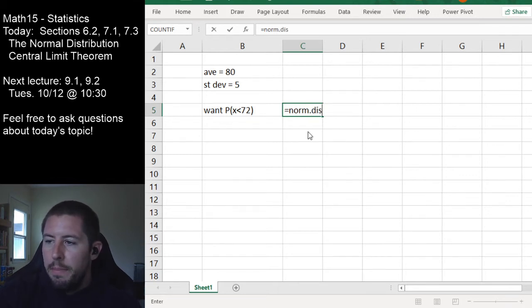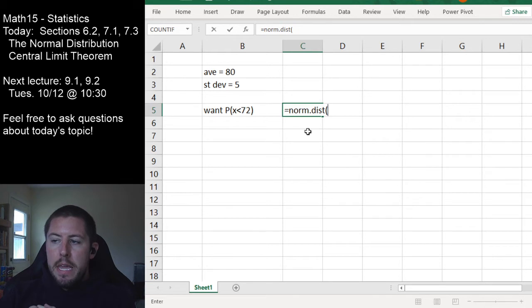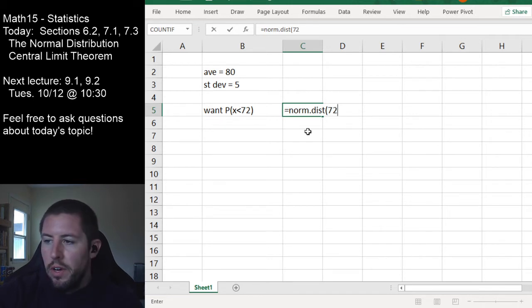I'm going to continue typing out the norm, not binom, we're not binomial, we're normally distributed. And as soon as I open up the parentheses here, it's giving me exactly what it wants inside of the parentheses. It's showing x, mean, standard deviation, and cumulative. Here, my x value of interest, my edge, is 72. That's my x boundary. The mean of our distribution is 80.